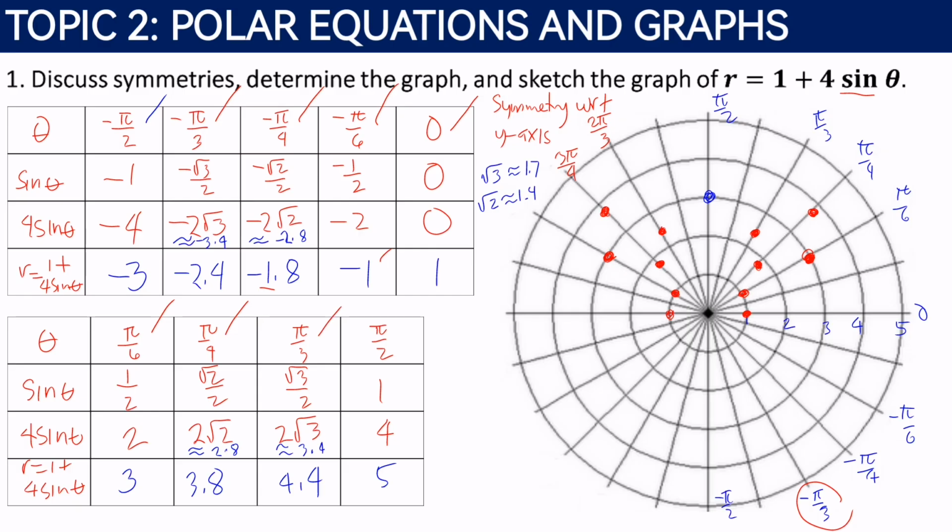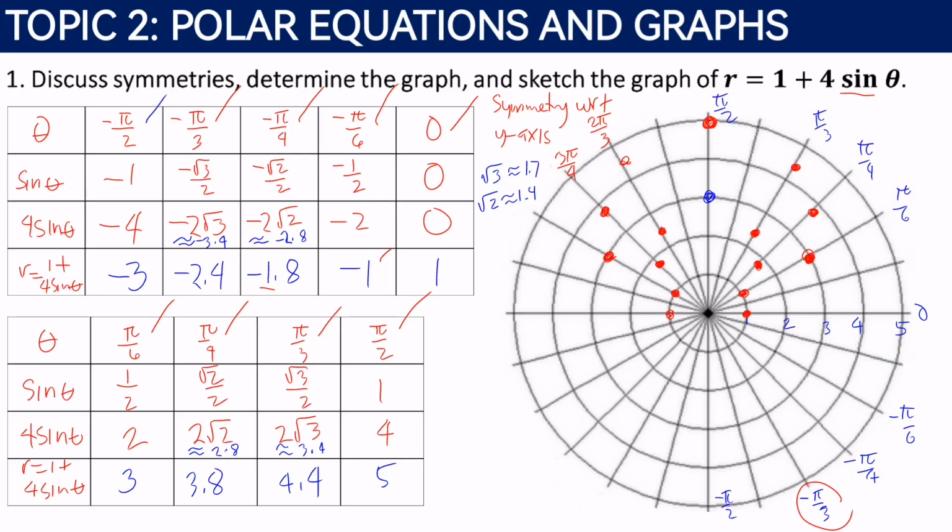Pi over 3, 4.4. So this is 4.4. And a reflection here. Next, lastly, pi over 2, 5.